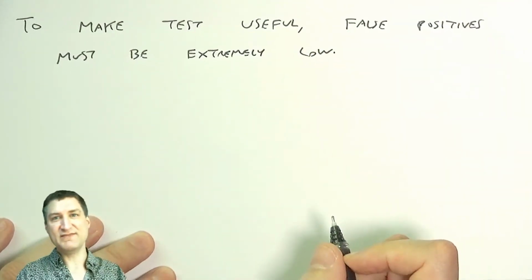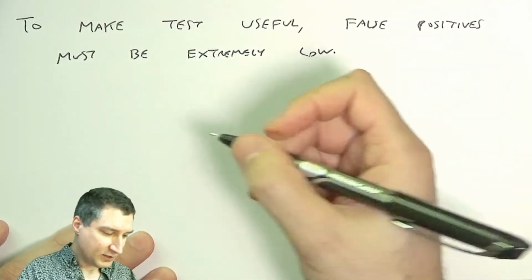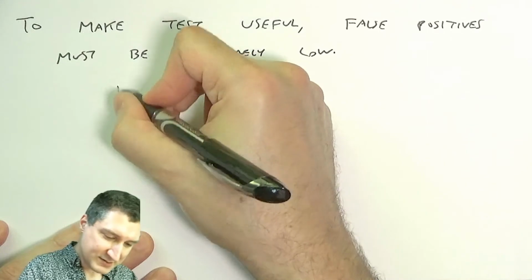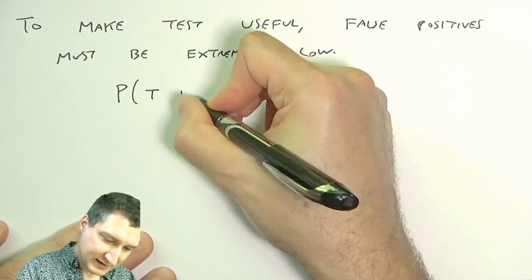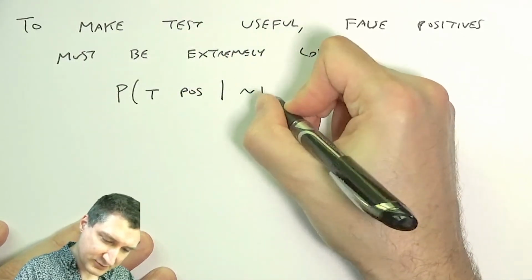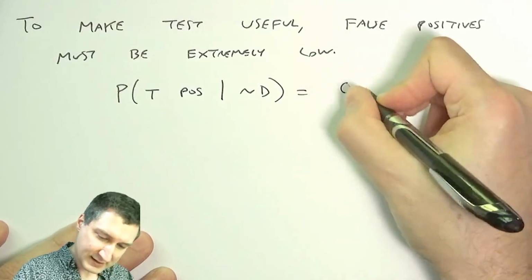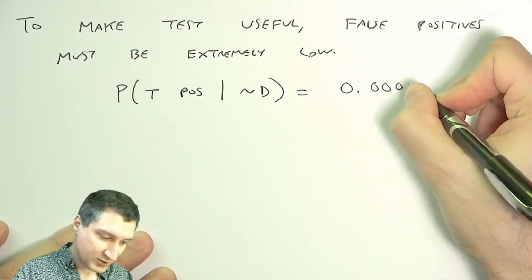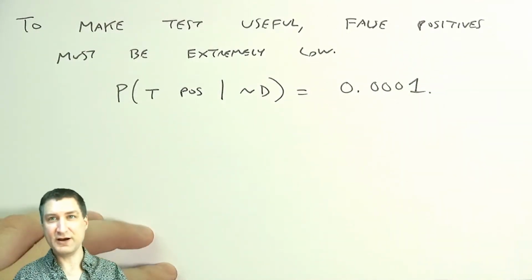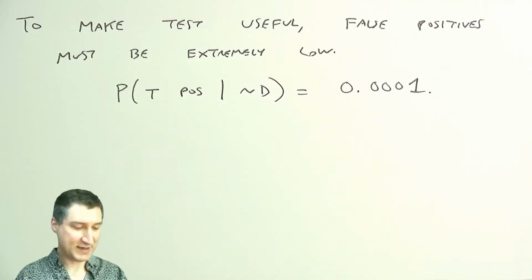You might have thought that 5% was an okay number, but really what I want is something like the probability of a positive test given no disease to be something like 0.0001. Very, very unlikely that you'll get a positive test back if you're healthy.